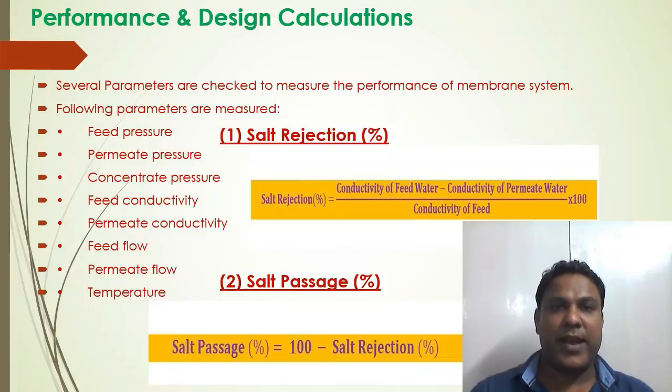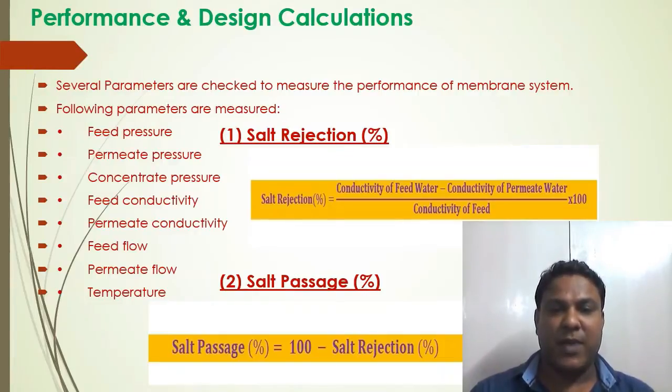Like other areas, it is also being used in food processing operations for effective separation with novel and advanced techniques. Further, there are a handful of calculations that are used to judge the performance of an RO system and also for design consideration.